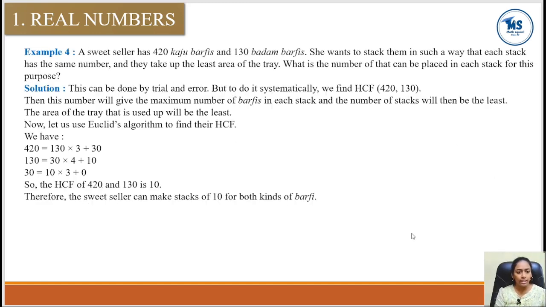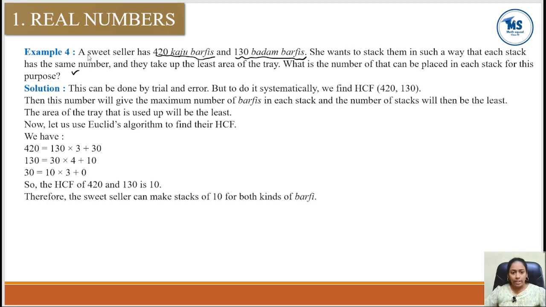Right? Then next question. I think this is the last example in this exercise. A sweet seller has 420 Kaju Barfi and 130 Badam Barfis. She wants to stack them in such a way that each stack has the same number and they take up the least area of the tray. What is the number that can be placed in each stack for this purpose?